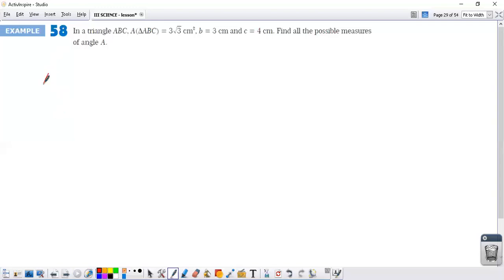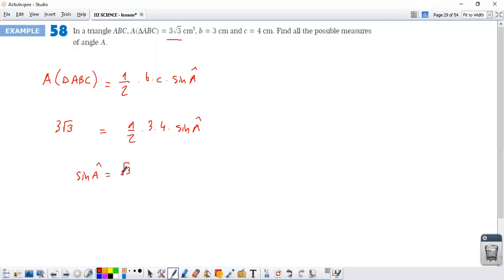So for the area of triangle ABC, by taking sides b and c, we can calculate 1 over 2 times b times c times sine A. The area is given as 3 root 3 centimeters squared, so 1 over 2 times, in the place of b and c we put 3 and 4, and from here we will get sine A is root 3 over 2.